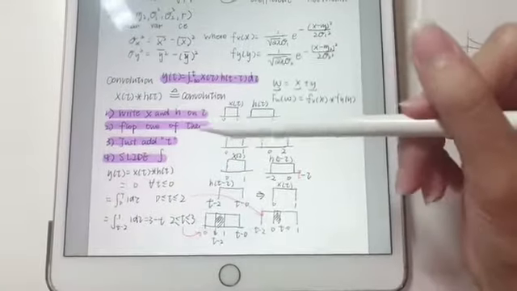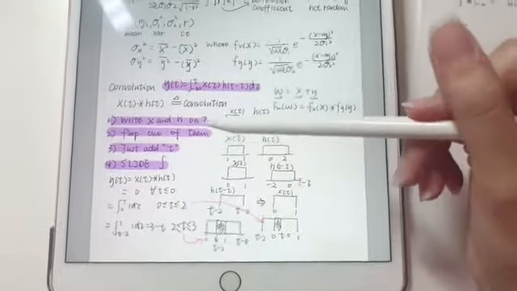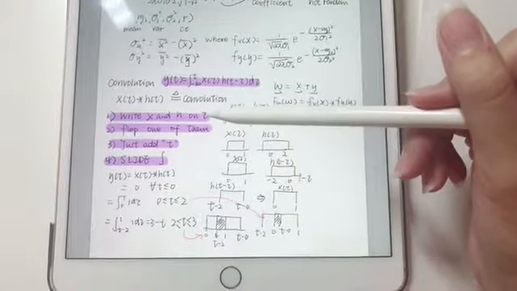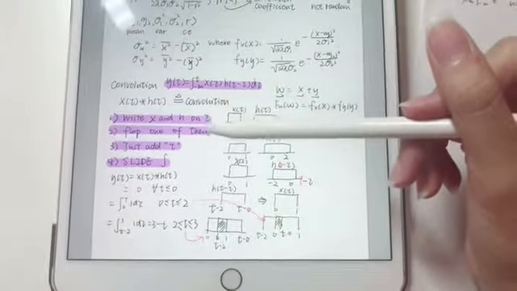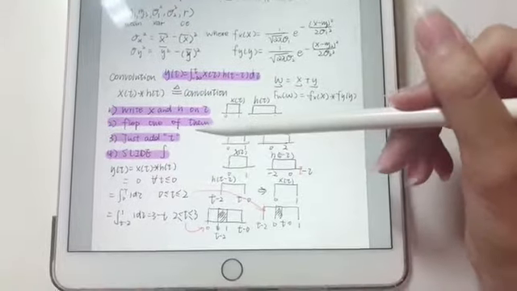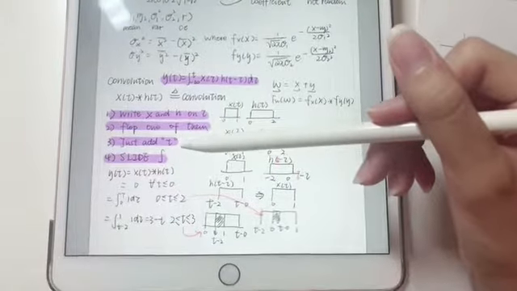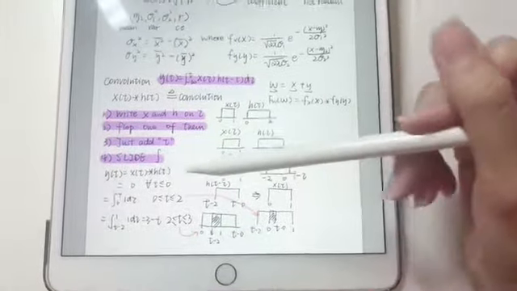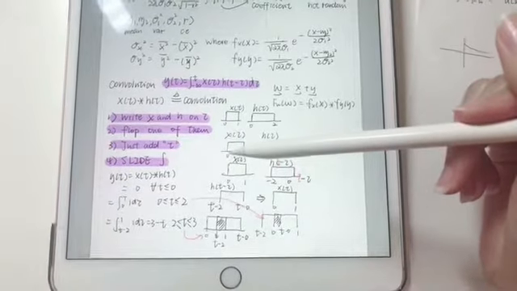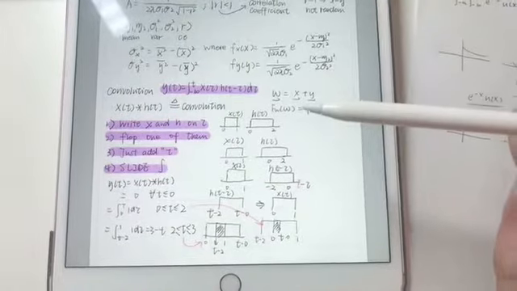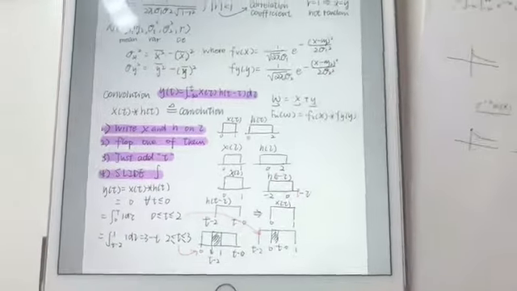Here is the full set of steps of the convolution. First, write x and y on top, flip one of them, add a t, and slide it. This is the method provided in the lecture. Now we are going to solve the convolution.